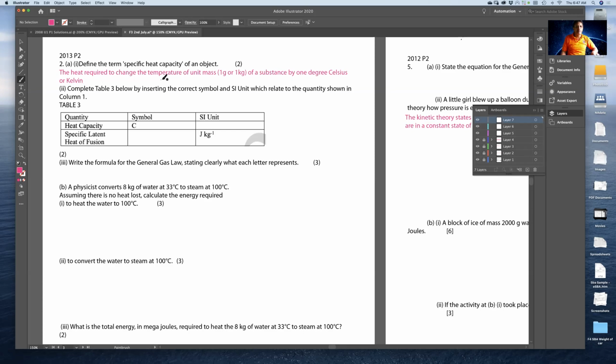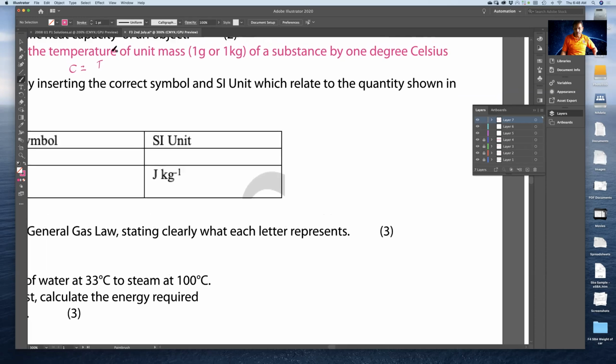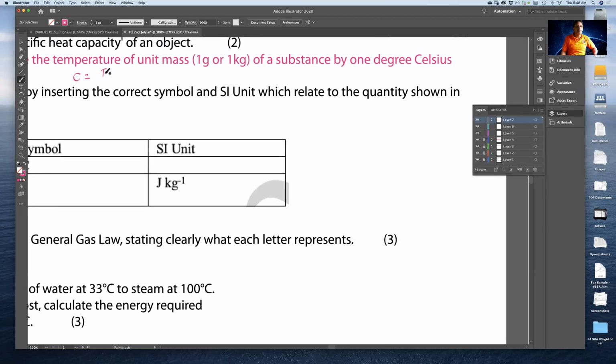To put this in the form of an equation, the specific heat capacity, C, is equal to EH, heat energy, divided by the product of the mass and the temperature change.